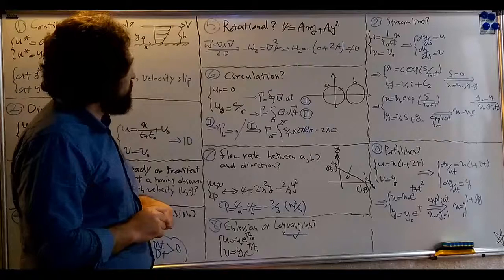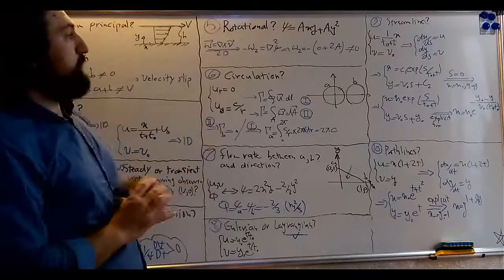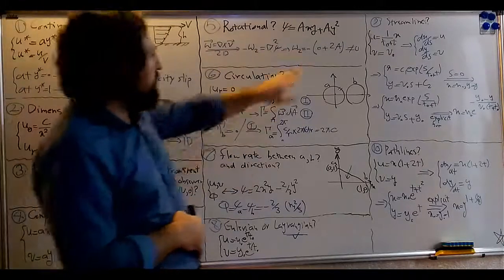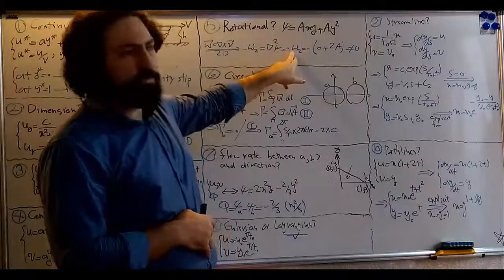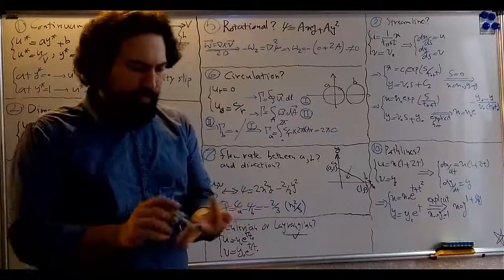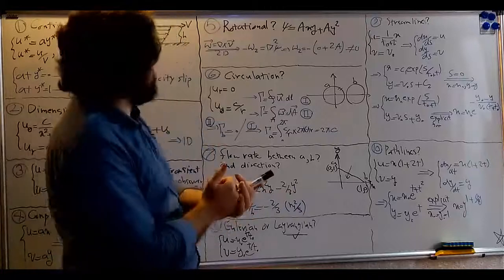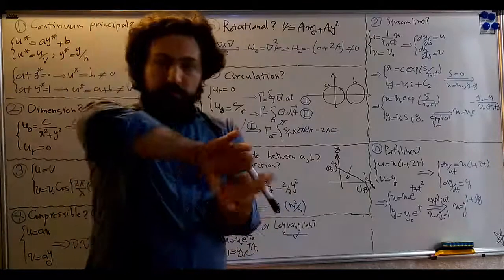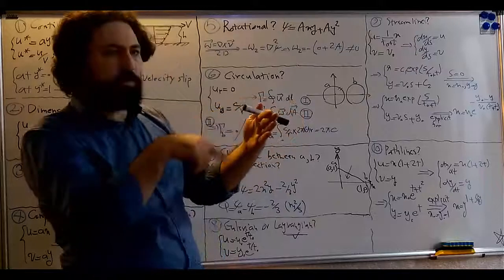Also, if a is a positive number, it means that the vorticity is a negative number. So in the xy plane, a two-dimensional plane, if the vorticity is a negative number, it means that the direction of rotation is clockwise.